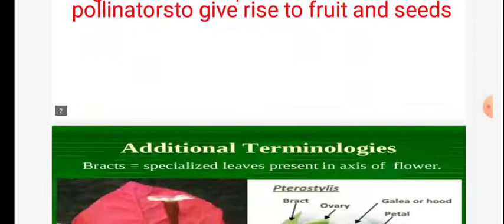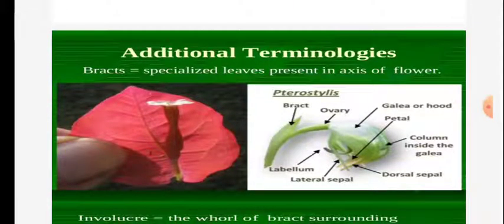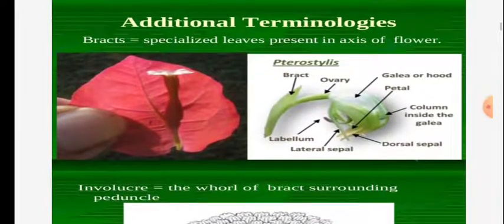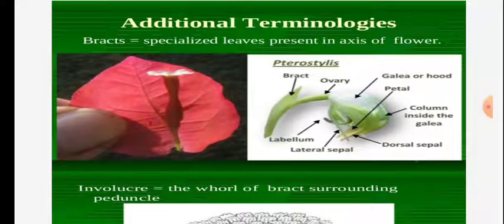The second part is the additional terminologies. When we are studying the flower, we have to study all the other parts. This is a good photograph of bougainvillea. This is the flower, and this large colored structure is the bract. In some other flowers there are green bracts.